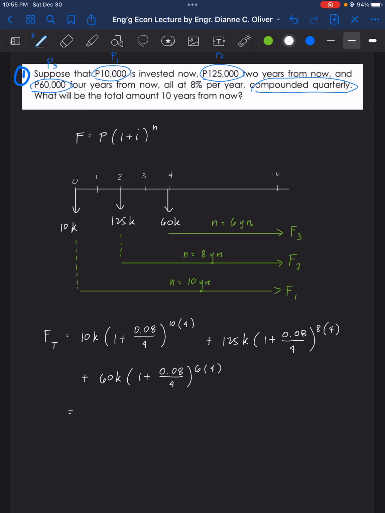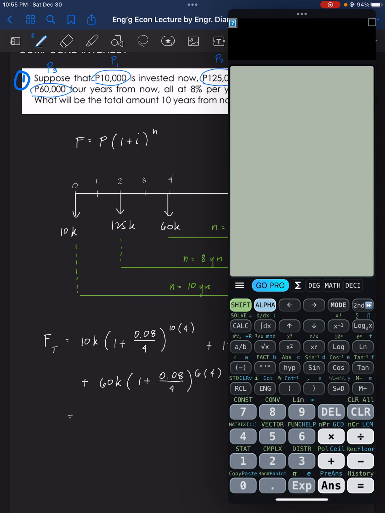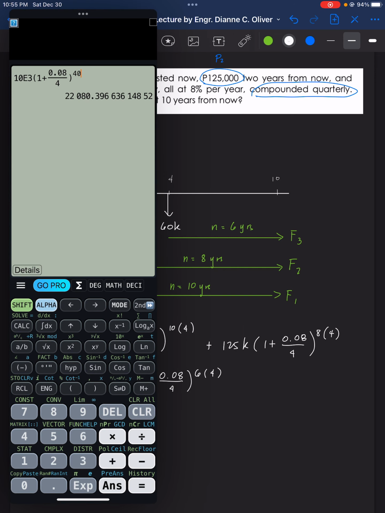So what's the total future worth? 10,000 times 1 plus 0.08 over 4 raised to 40, plus 125K times 1 plus 0.08 over 4 raised to 8 times 4, plus we have the 60K times 1 plus 0.08 over 4 raised to 6 times 4.